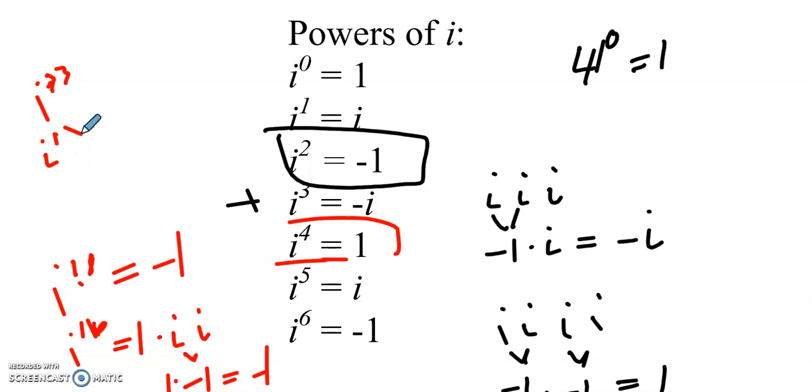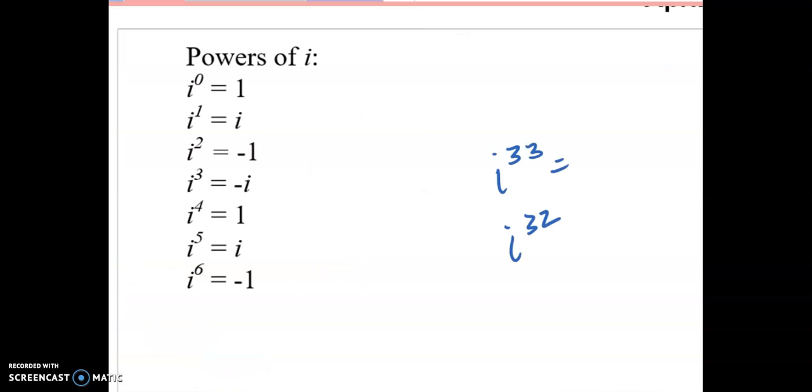So i to the 33rd, we know i to the 32 would be 1 because sets of 4 always equal 1, and there's 8 sets in here. But how many would I have left over? 1 i, and 1 times i is i. So i to the 33rd is i.